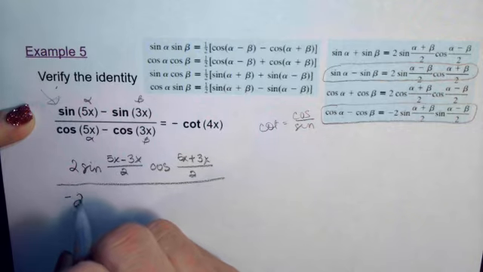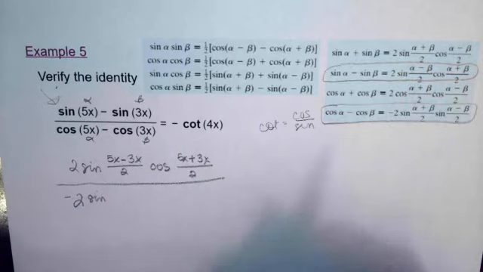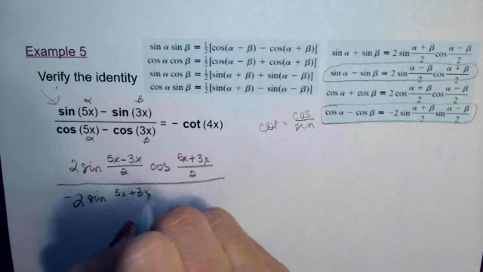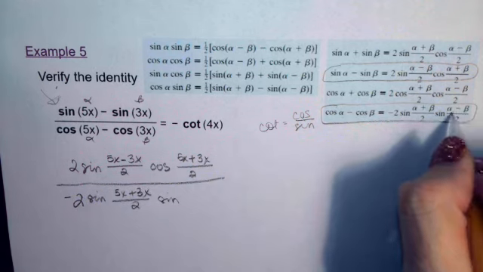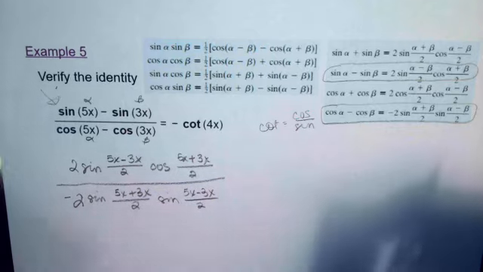So that's negative 2 sine alpha plus beta, so 5x plus 3x all over 2, and then sine alpha minus beta, so 5x minus 3x all over 2.